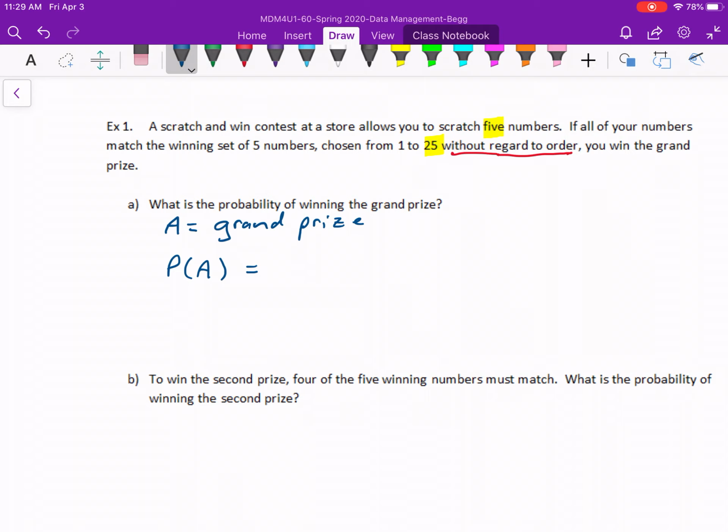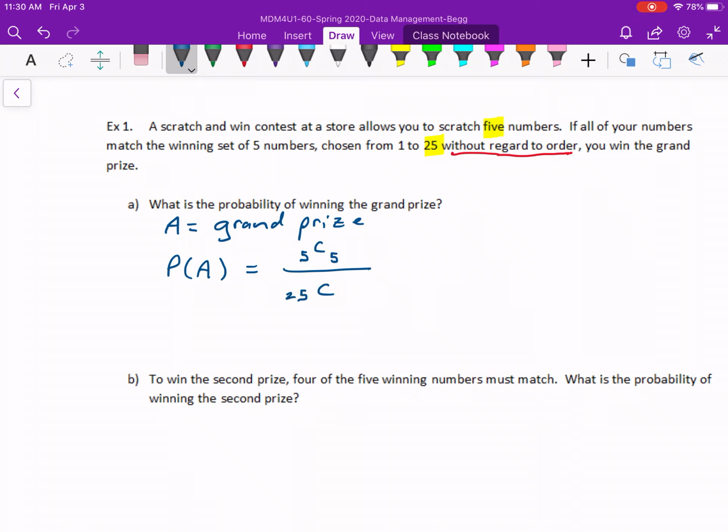So there's only one way to do it, but we could show that with combinations as well. There's 5 correct numbers, and we have to get all 5 of them. So we have to do 5 choose 5, which equals 1 anyway. As far as the number of ways that the numbers could come up, though, there's 25 numbers to choose from. And of those 25 numbers, we still have to get the 5 correct ones.